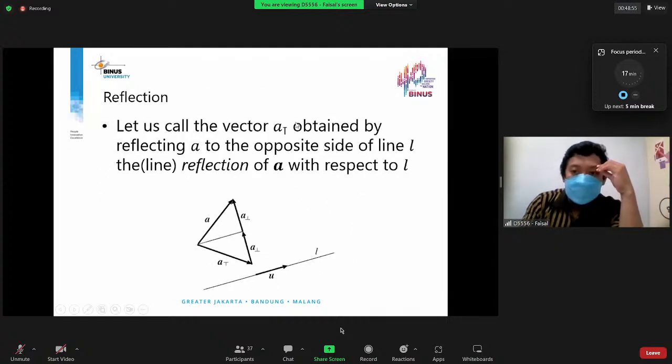Okay, so let's see these pictures. This is A, the vector A. And this is the line L. But the line L is here.